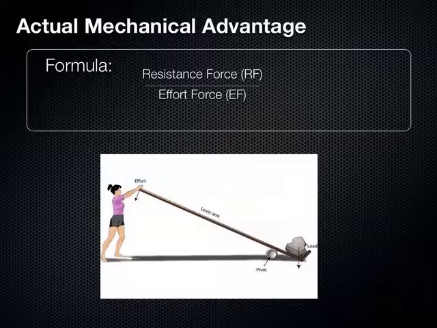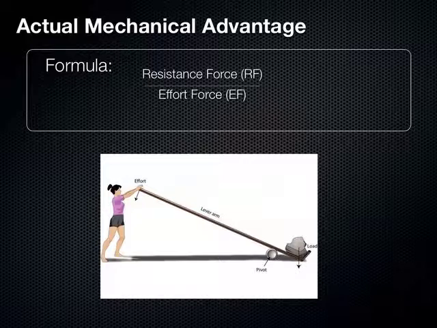Now, if I want to calculate how much this machine is helping me, I need two pieces of information: the resistance force and the effort force, RF and EF. What do you think the resistance force is? Think of resistance. It's the force of gravity pulling on the rock.